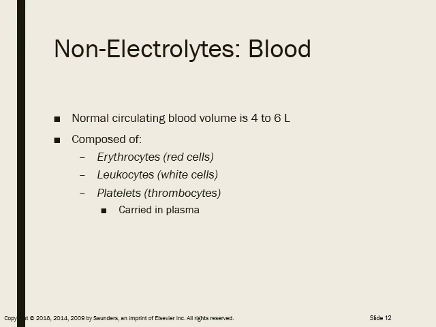The body has 4 to 6 liters of circulating blood volume. This depends on the body size and sex. Blood is composed of erythrocytes, known as red cells, leukocytes, known as white cells, and platelets, known as thrombocytes. Platelets are the blood cells that are carried in the plasma.